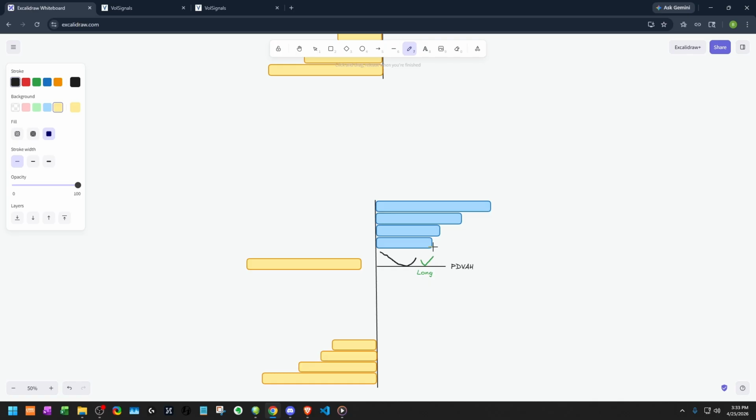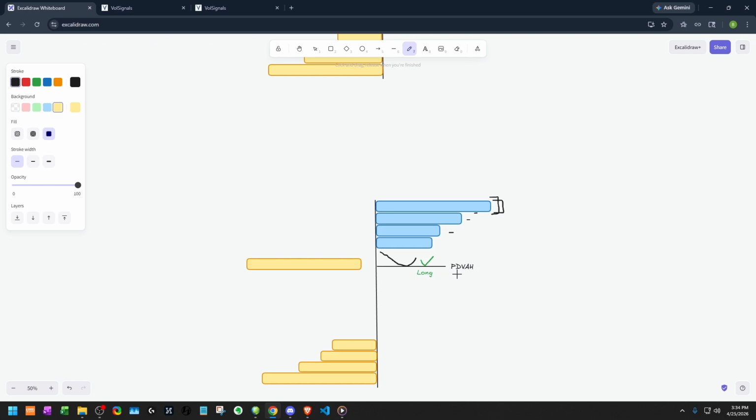So if I see something like this where we've got positive gamma above us and the largest node is all the way up here, like I was saying before, if I'm in this long, this is my end target. You could take scales on the way up however you want, but this big node up here, that's the end target for me.